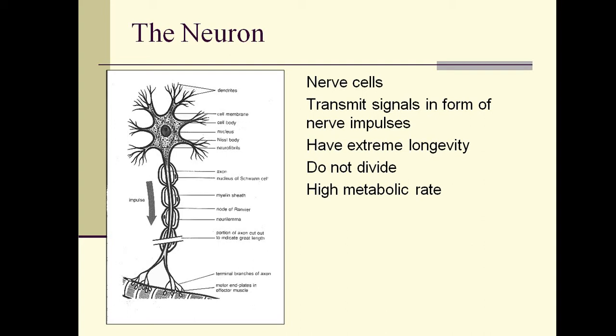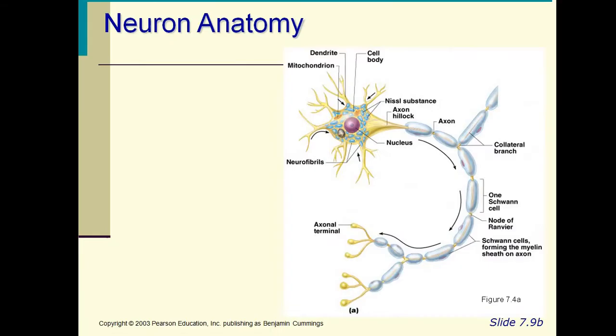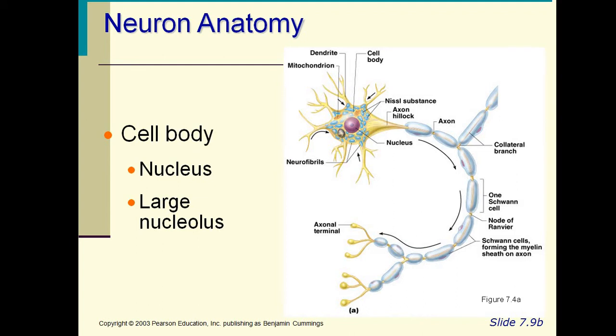You can see the structure of a neuron. I think I'll show you a better picture. Yeah, this picture would be better. You have specialized projections, which are called axons, and these allow the neurons to transmit electrical and chemical signals to other cells.